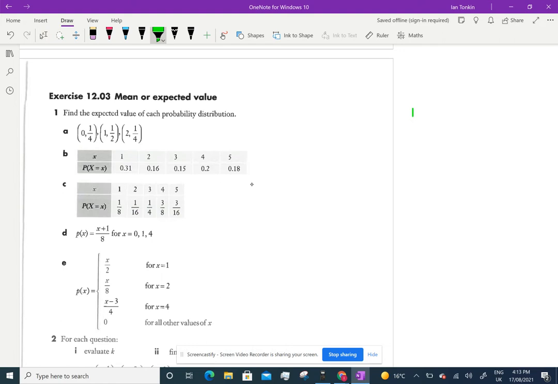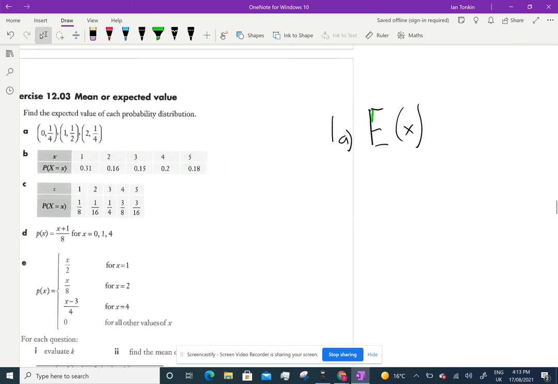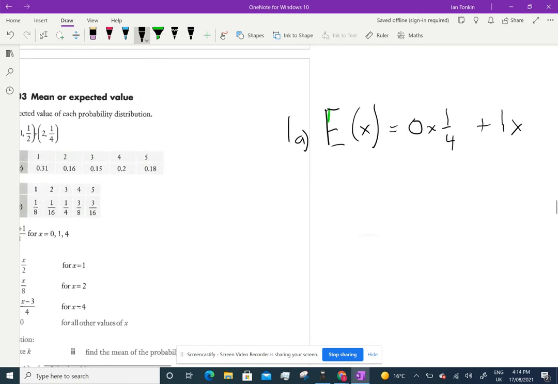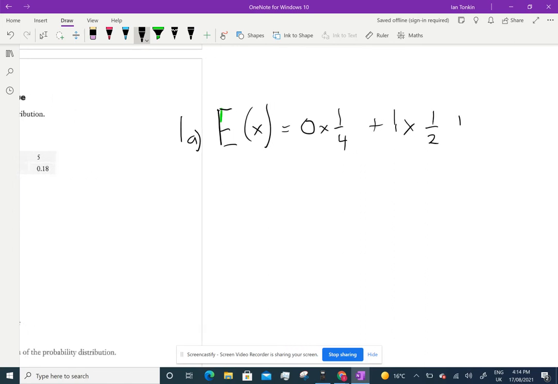Find the mean or expected value. So here we go. Here's question 1A. The expected value, so it's just the score, so 0 times the probability, a quarter, plus 1 times a half, plus 2 times a quarter.